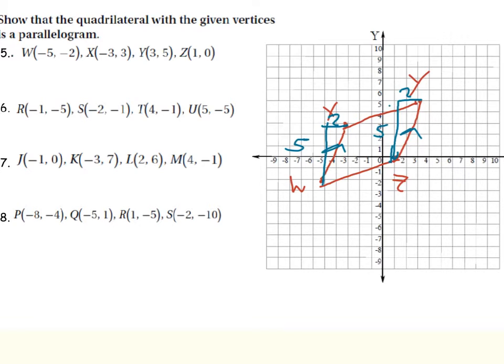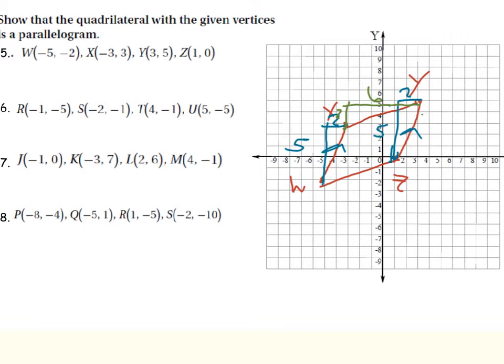And then I can do the same thing with the top side and the bottom side. So going from X to Y, I'm going up to the right 1, 2, 3, 4, 5, 6. So up to the right 6.